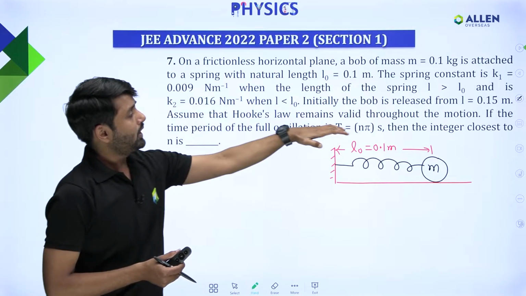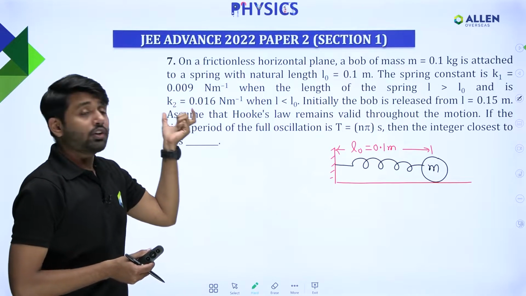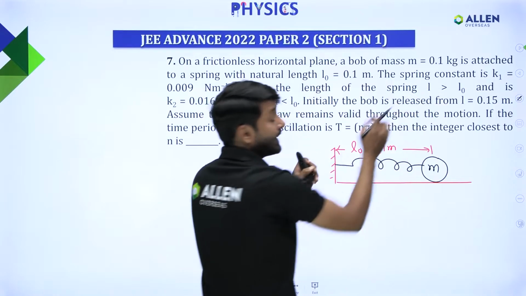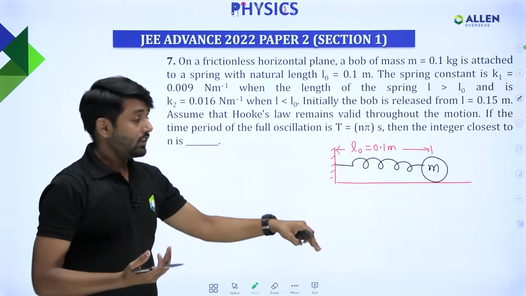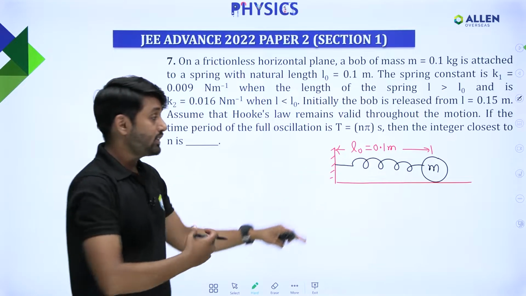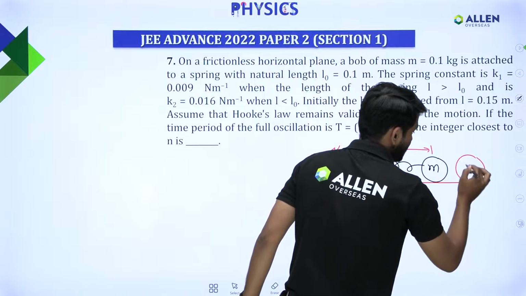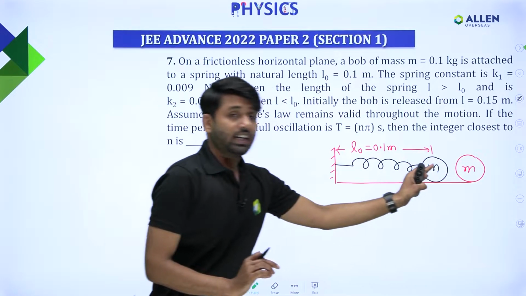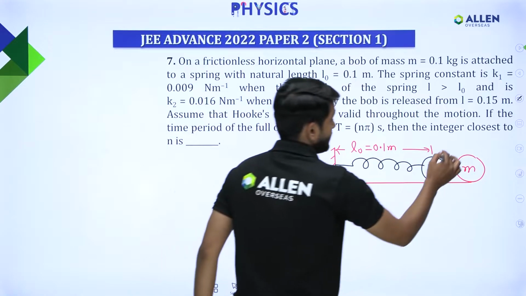The spring constant is K1 when the length of the spring L is greater than L0, meaning the length of the spring is greater than its natural length, which is the situation of extension. So let's suppose this is the extension. In that case, the spring constant is K1.